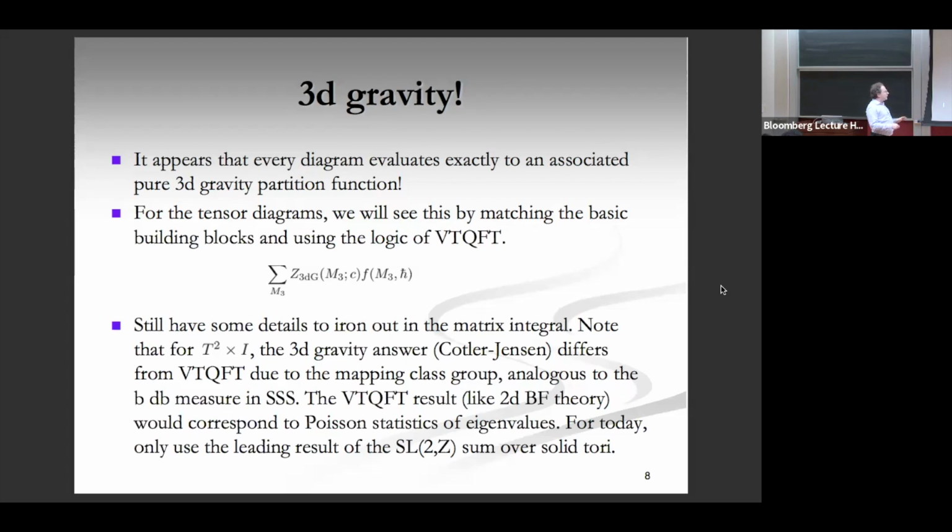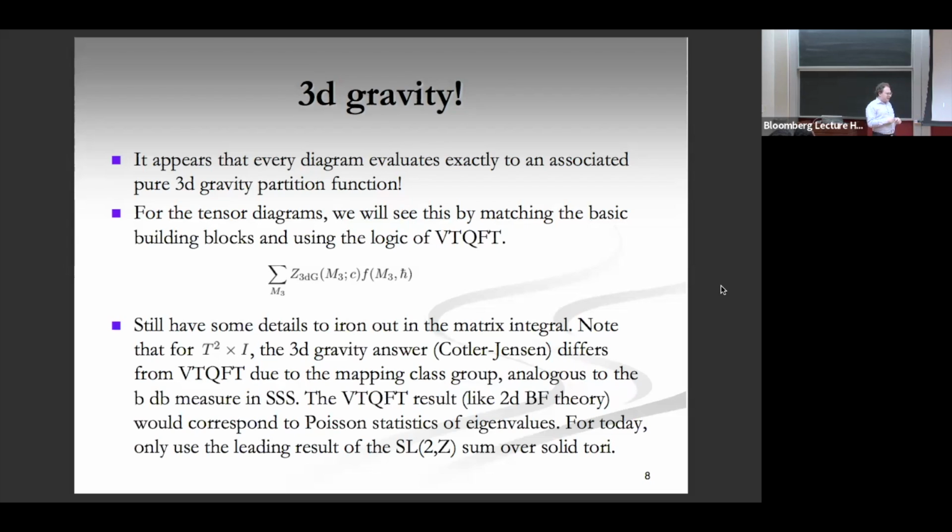But even in that story, there's some piece that we're still ironing out related to the matrix integral. Let me say a little bit about why there is something subtle there. The most basic thing that comes from the matrix integral, aside from the leading density, the disk, is the annulus.